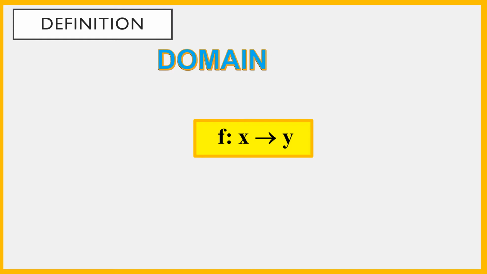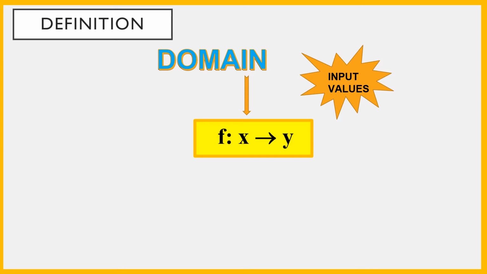In other words, domain refers to the set of possible input values. The range of the function is the set of possible values of y, or f of x, that f takes. Simply put, the range is the set of possible output values.